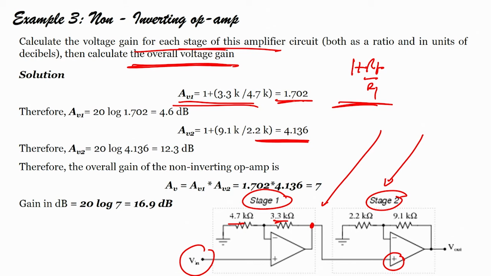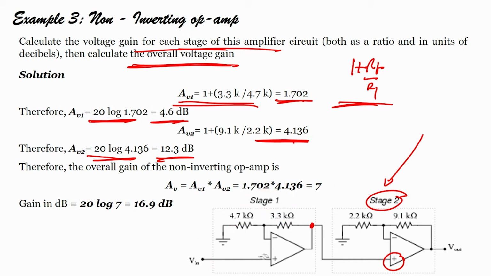If I convert my AV1 into decibels, it is 20 log 1.702, or 4.6 decibels. If I convert my AV2 into decibels, I will have 20 log 4.136, or 12.3 decibel, correct. Therefore, the overall gain of the non inverting amplifier is AV1 into AV2, which is 1.702 into 4.136, equal to 7.